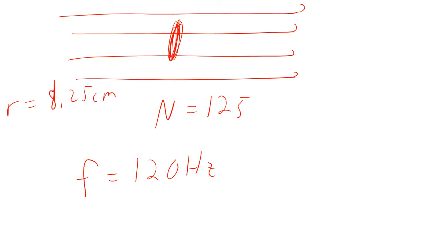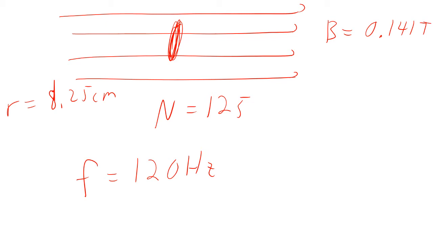Because it's spinning in this magnetic field, the flux of the coil keeps changing. And since the flux keeps changing, you induce an EMF in the coil. Basically, this is how you make a generator: you spin a coil in a magnetic field, and that produces an EMF. I want to know, what is the voltage induced here? The other thing you need to know is the magnetic field. So let's say the magnetic field is 0.141 Tesla.